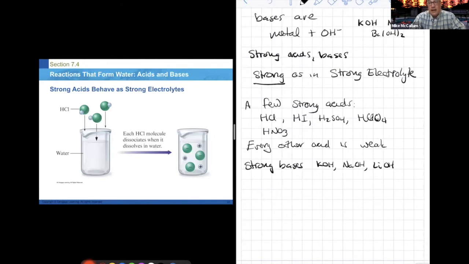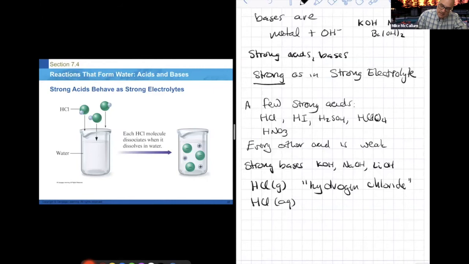And then we would call it hydrogen chloride. Let me write that down. But if it's aqueous, it's hydrochloric acid. So technically, if the state is not attached to species such as this, then it's hard to figure out which it is. I would say usually if we just write HCl, we mean aqueous HCl. And that's a relatively safe assumption to make.